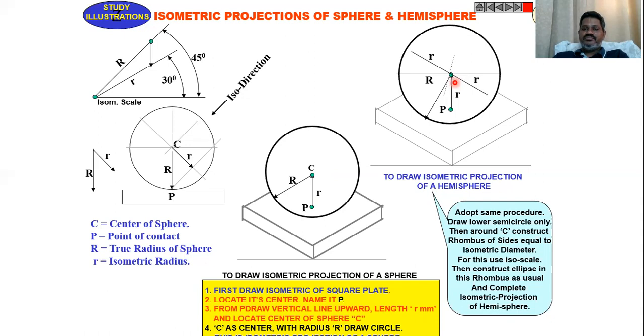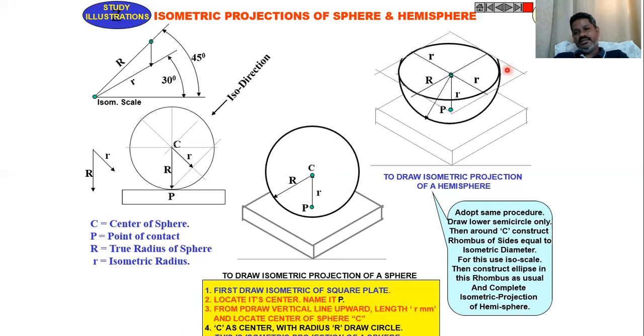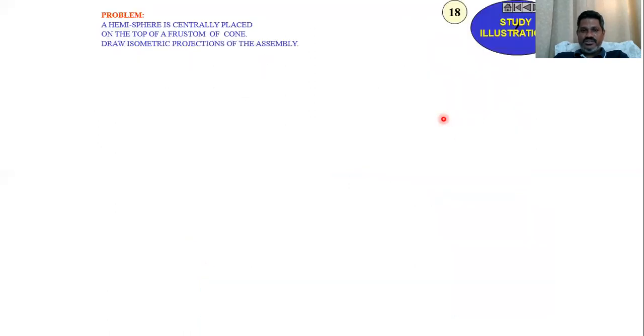Then locate the true radius. With the true radius, construct a rhombus. In that rhombus, construct an ellipse. Then erase this line, which gives us a hemisphere placed centrally on the square plate of so and so height. This is what the sphere and hemisphere isometric views are.